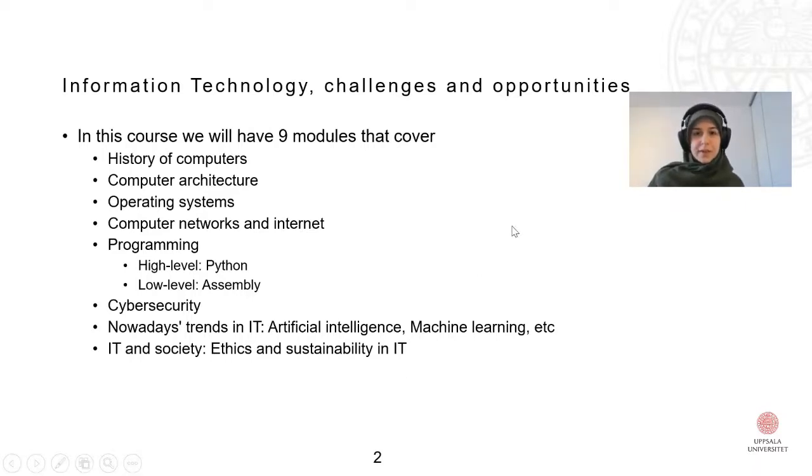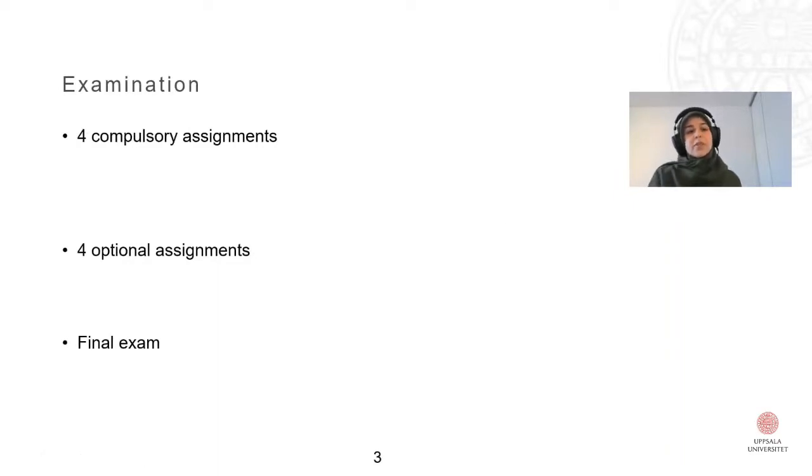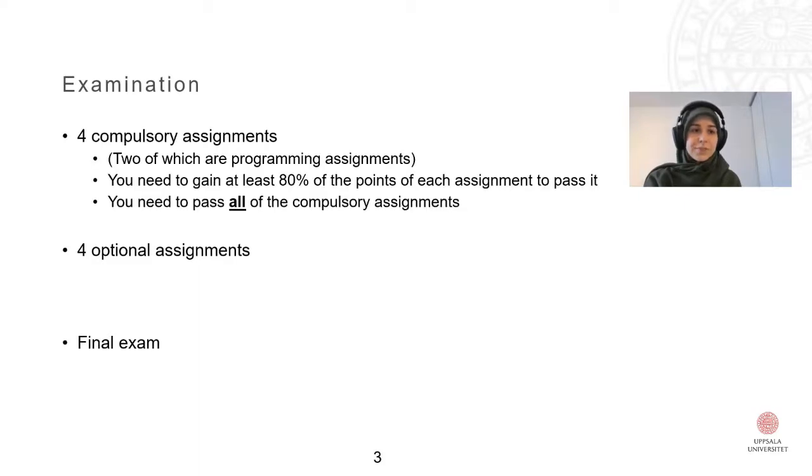So for examination, I should mention that we will have 4 compulsory assignments that you need to finish, and 4 optional assignments that you decide whether or not you want to do, and the final exam, which is of course compulsory.